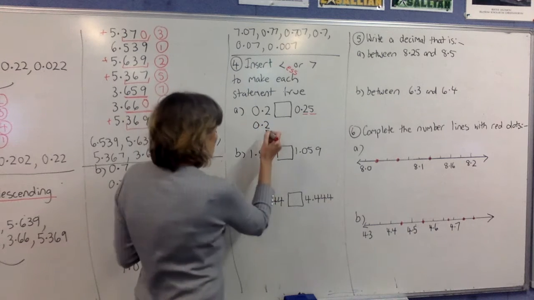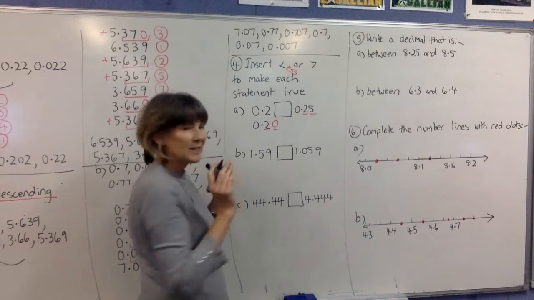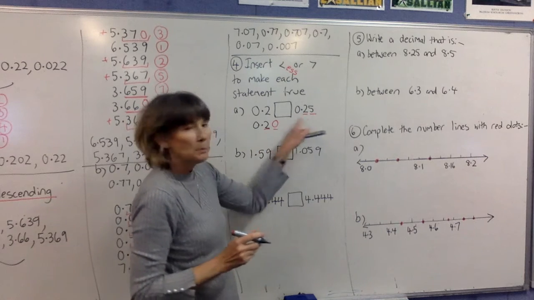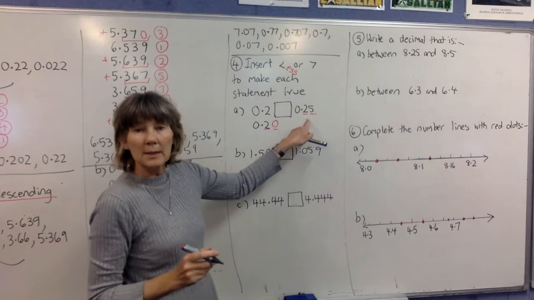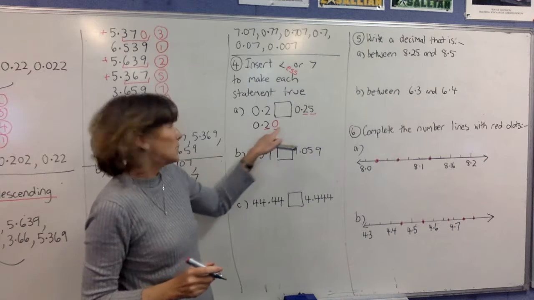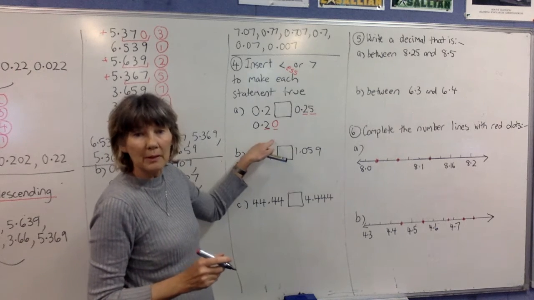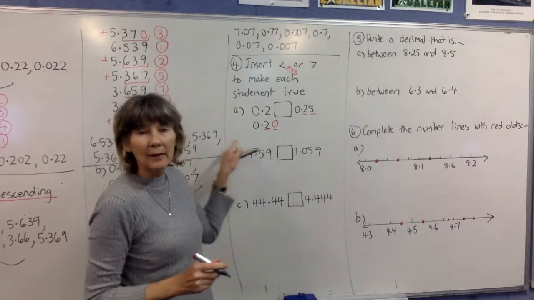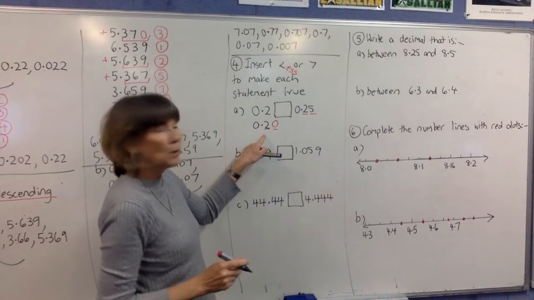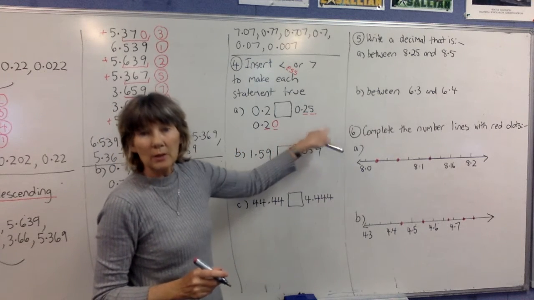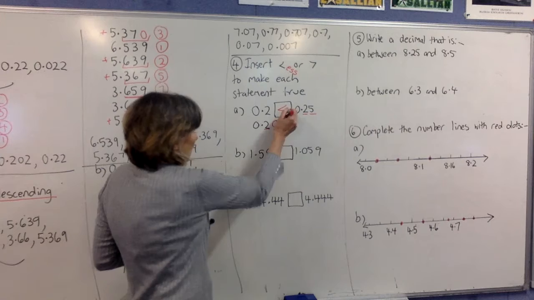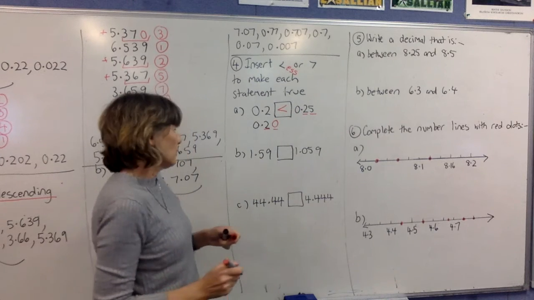Now, if we put another decimal place on the end, put our red 0 there, which one is bigger? That is, isn't it? So it's the 25 instead of 20. 25 is bigger than 20. So if we read it left to right, we're going to say 20 is less than 25. So that's the way the sign will go.